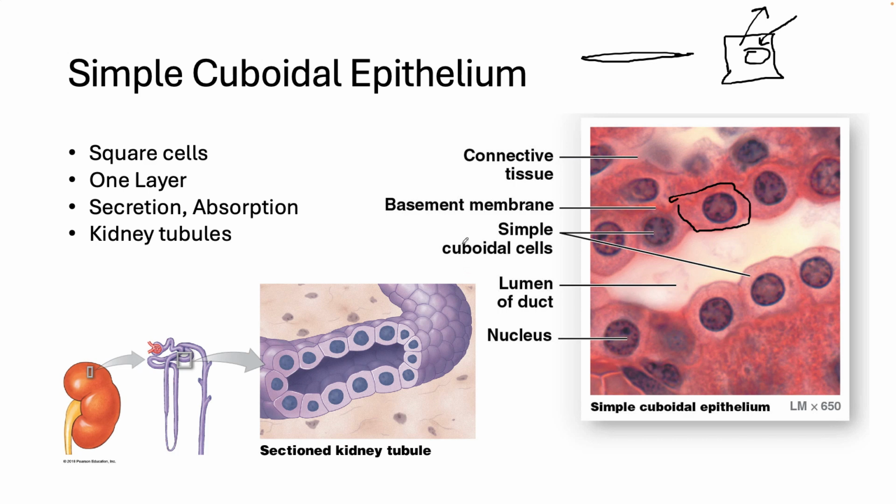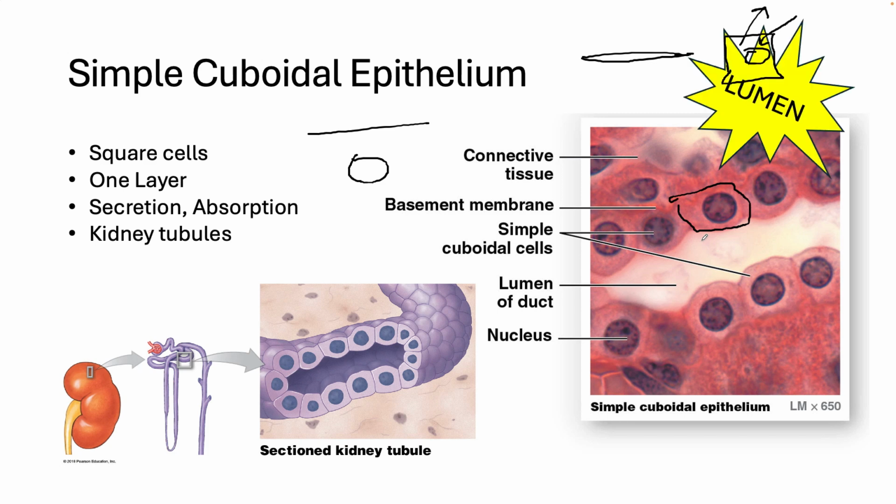These cells form a sheet that then becomes a tube. If you imagine the sheet of cells looks like this, and then it wraps itself around into a tube like that, the tube is surrounded by these simple cuboidal epithelium. And that space in the middle is called the lumen.